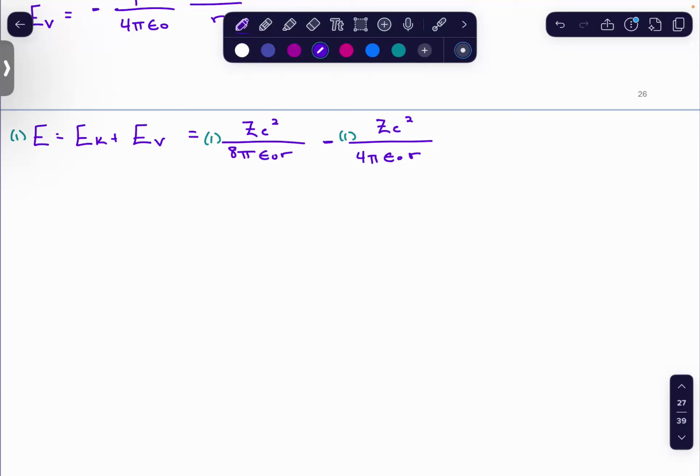But the way I'm going to do it, my total energy, multiplying by 1 means leaving this the way it is, minus, I'm going to do 2 over 2. Now you might be able to see this and just correct your fractions to add them, but I'm just kind of showing you the process.